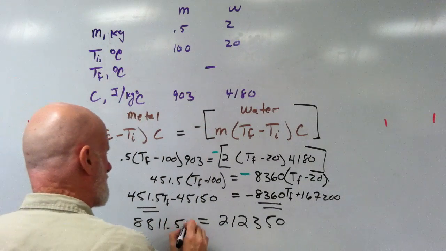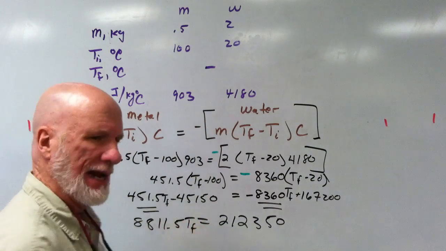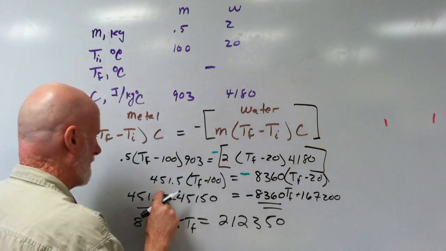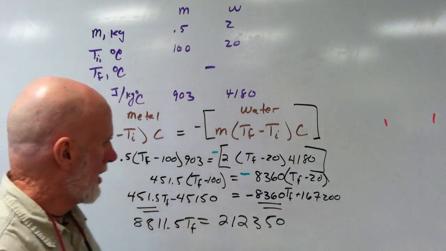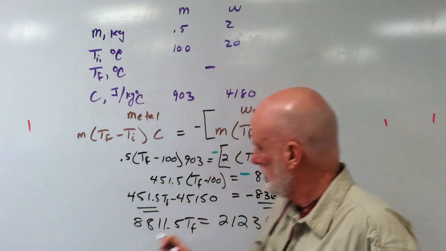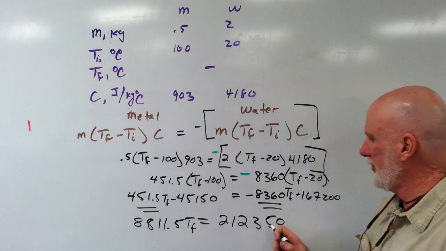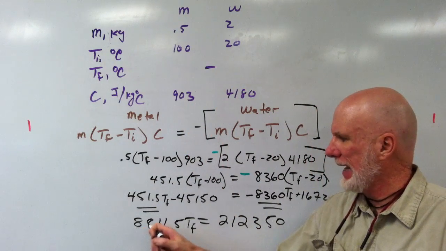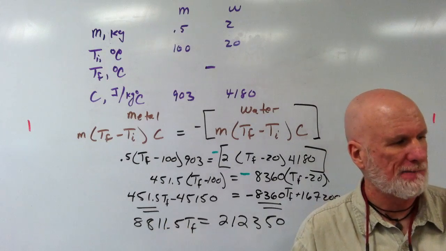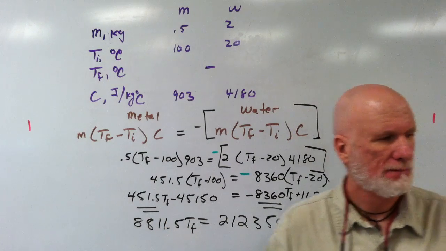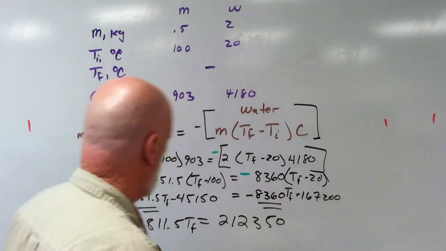And then remember, this is TF over here, right? Keep forgetting that little pesky TF, right? Okay, so divide through. 212,350 divided by 8811.5. What do you got? 25? Yes.